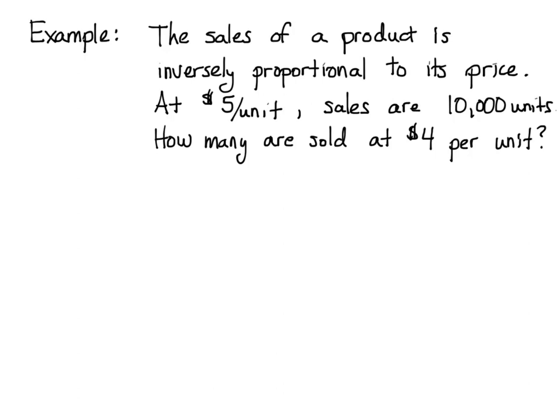So if at $5 a unit, sales are at 10,000 units, how many are sold at $4 a unit if you have this relationship holding? Okay, so what we do is we set up our basic relationship where y is k over x, define our variables, y is the units sold, x is the price.